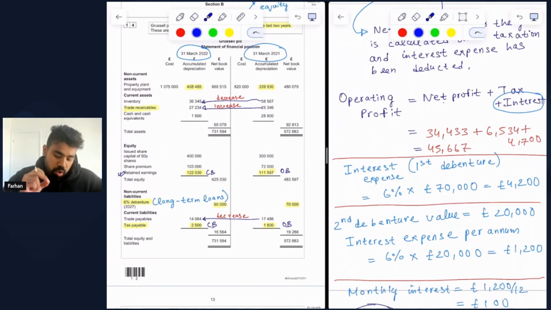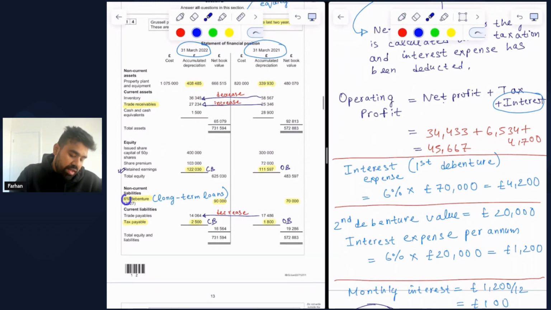So what we're going to do first is calculate the interest expense on the first debenture that we had, which was £70,000, using the rate of 6% that's given here. So interest expense for the first debenture is 6% applied on £70,000, which gives us £4,200.